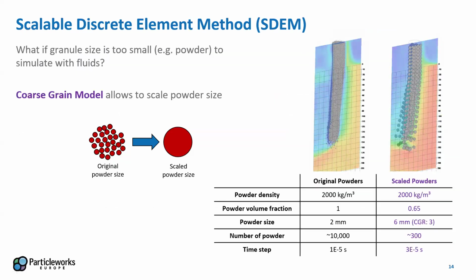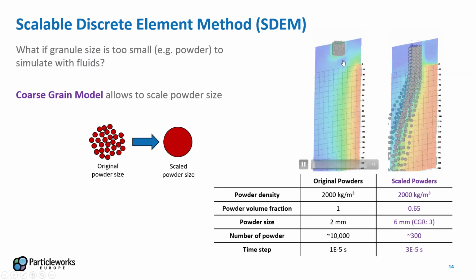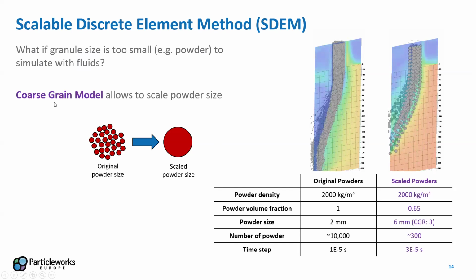Another cool feature is the scalable discrete element method. It's a numerical method integrated in the software that lets you simplify a bit and speed up the simulation. You can see here that starting from a particle size of 2 millimeters, we can go to 6 millimeters, so with a coarse grain model of 3.